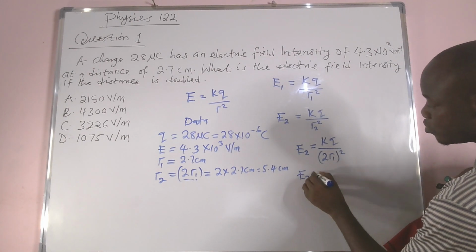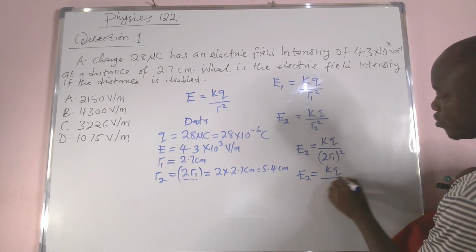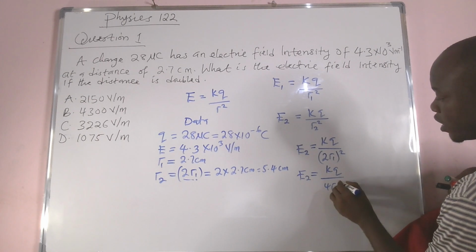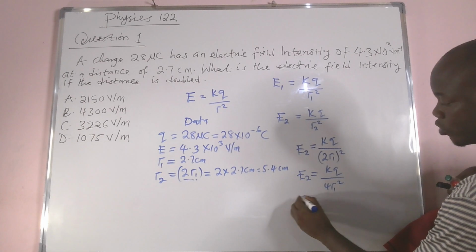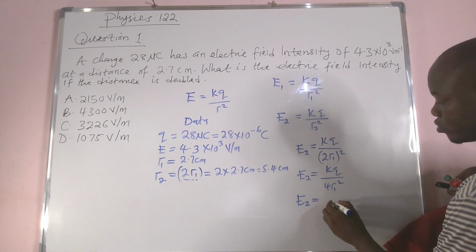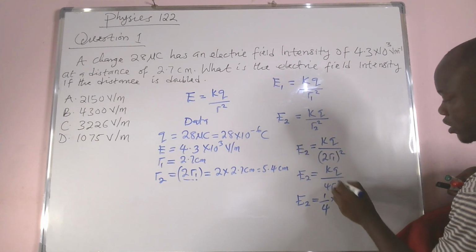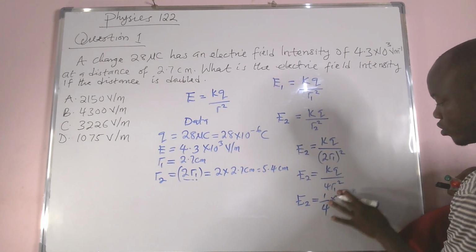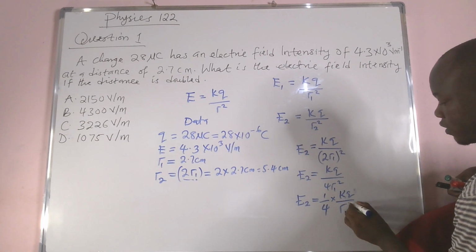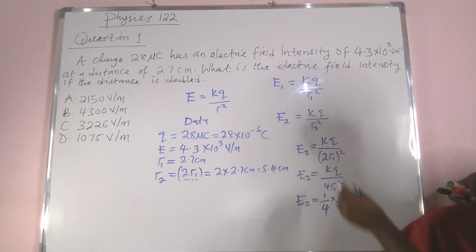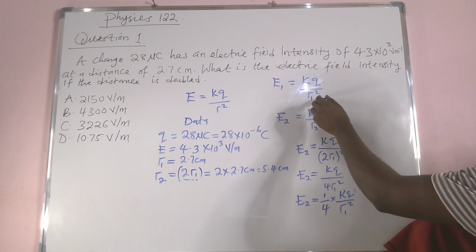Meaning that now E2 is equal to K Q all over 4R1 square. And don't forget that E2 is equal to 1 all over 4 times KQ all over R1 square. And look at it, E1 is equal to KQ all over R1 square.